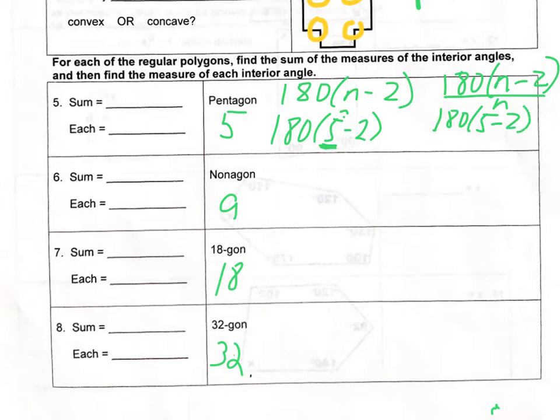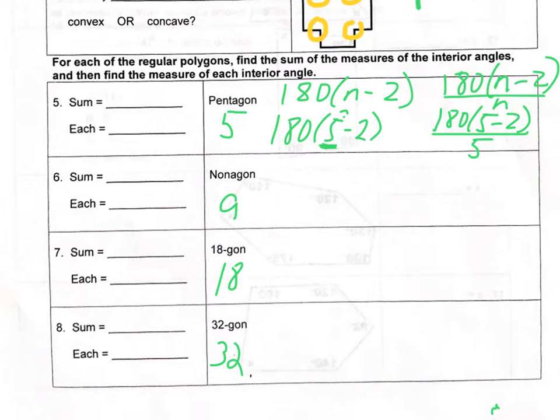So you have your answer, and then you're going to divide by 5. Okay, so you're actually going to change out that number again. You're actually going to change out the 5 and 5 again, and that's going to be how many for each. So you're going to put the 9 and the 9 again, and the 18 and 18, and 32 and 32. And that's all you have to do.